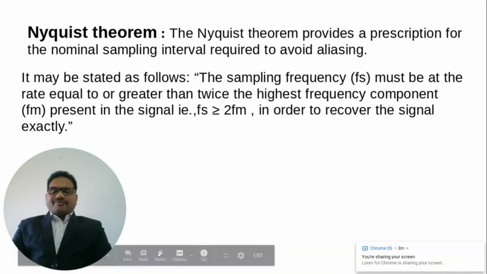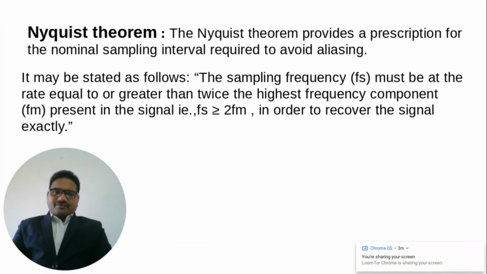In the sampling theorem, there is a most important term called the Nyquist theorem. The Nyquist theorem provides a prescription for the normal sampling interval required to avoid aliasing, which we are going to see in a moment. The Nyquist theorem may be stated as follows: the sampling frequency fs must be at a rate equal to or greater than twice the highest frequency component fm present in the signal.